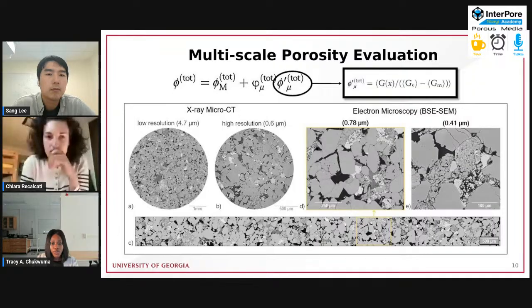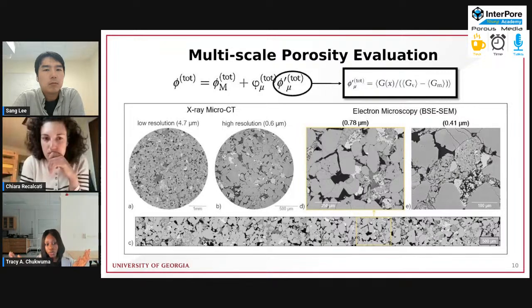So for the low resolution X-ray micro-CT, we then decided to evaluate the microporosity parameter. And this is the formulation we used for that, by introducing a mean intrinsic microporosity factor. That factor is multiplied against the fraction of your macroporous zones to give you your microporosity.